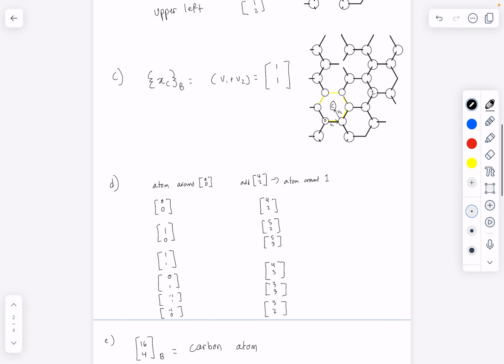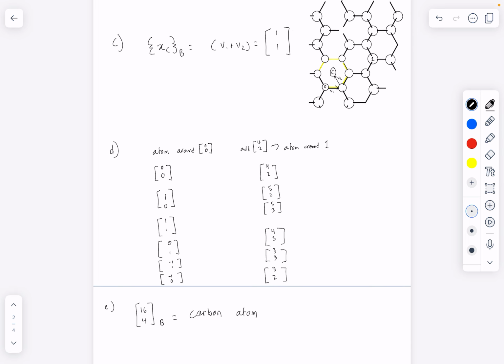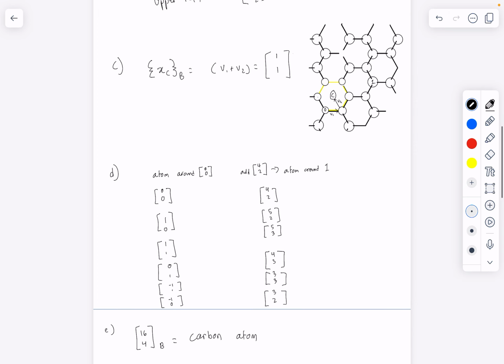And for part D, we are asked, how do the coordinates of the atoms in the hexagon whose lower left corner is labeled 1 compare to the coordinates of the hexagon whose lower left corner is labeled 0? So what it's simply asking is, looking at the image right there, how can I transform the points from the yellow hexagon to the gray hexagon whose point starts with 1?